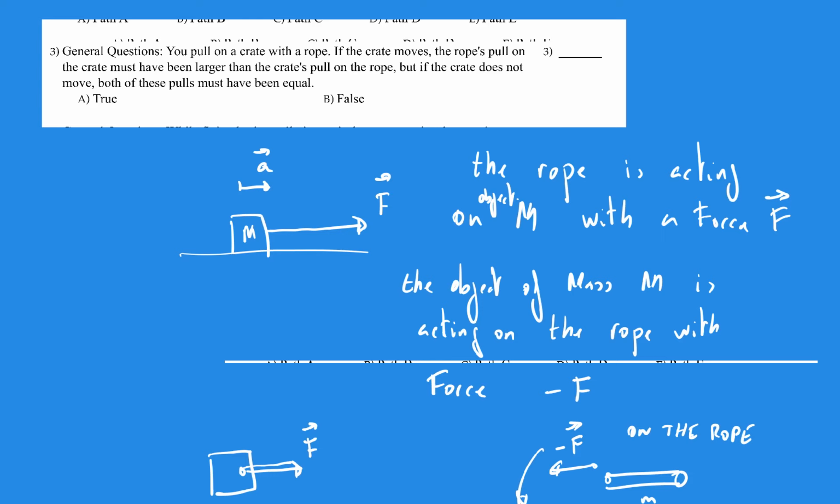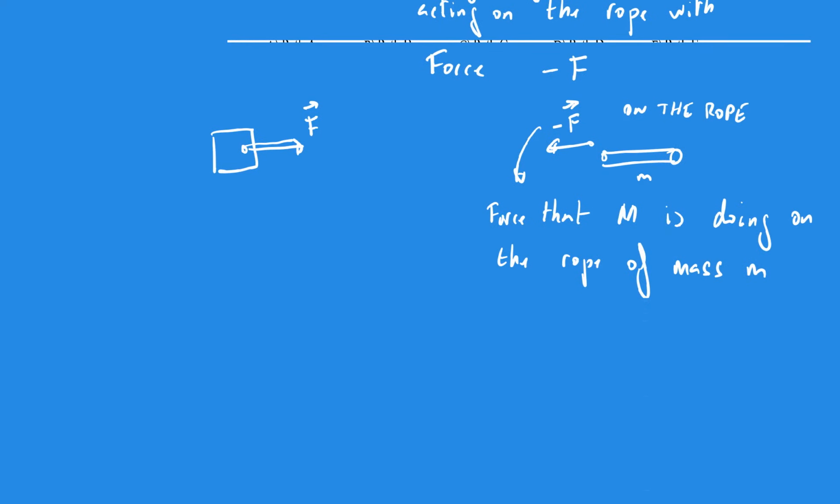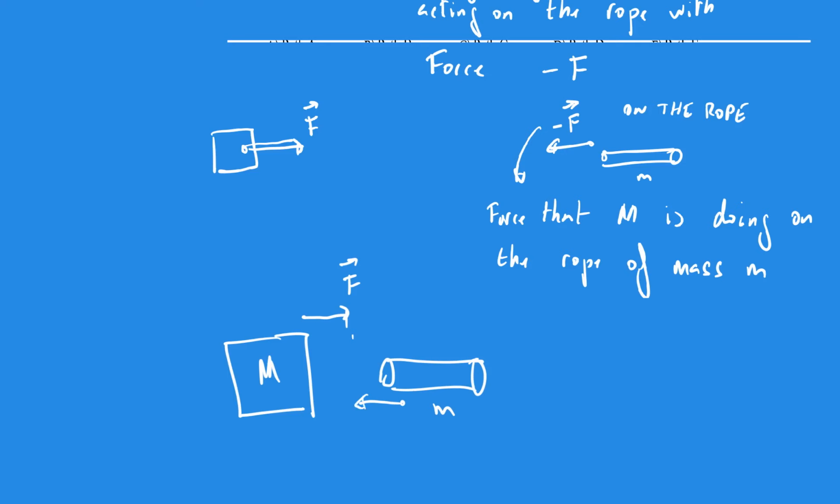So in this question, you can say I have two objects. I have the rope and I have the mass M. The force that the rope is doing on the mass M is going in this direction, while the force that the mass M is doing on the rope is applied to the rope and has the same magnitude in the opposite direction.